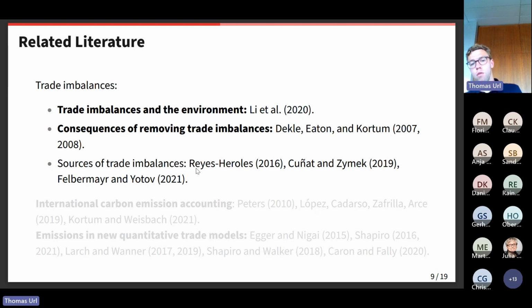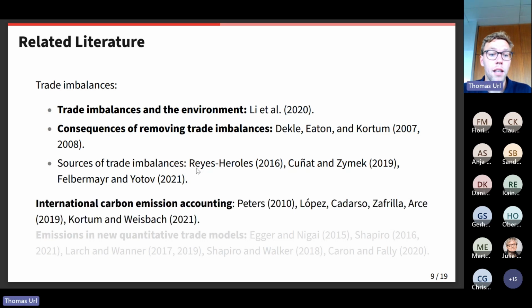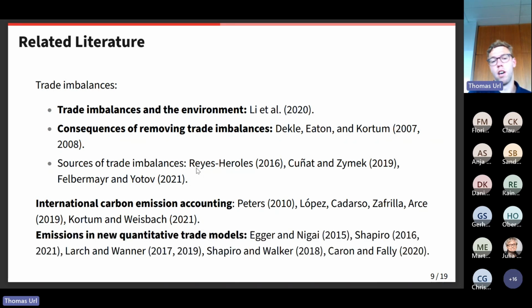What we do not do is look into the sources of trade imbalances, or do thought experiments on what causes them. But we add to the growing literature on international carbon emission accounting, and on emissions in new quantitative trade models.